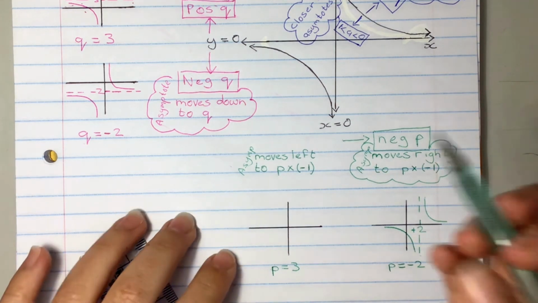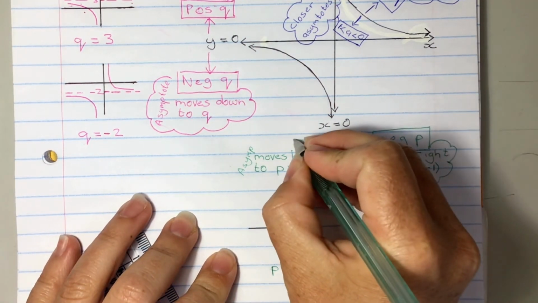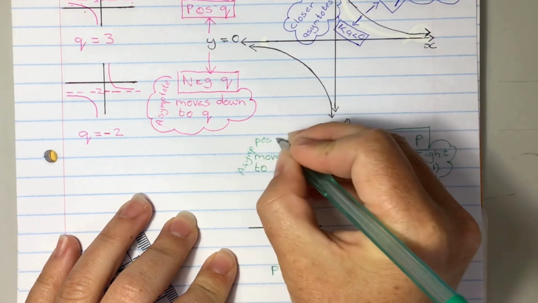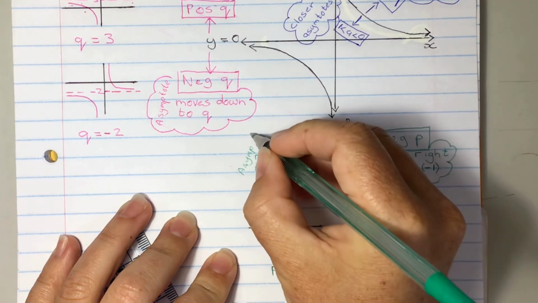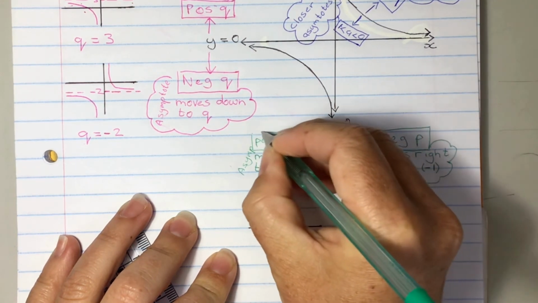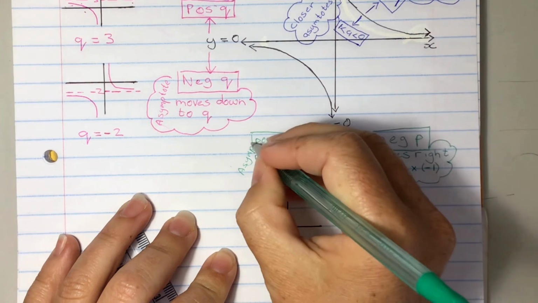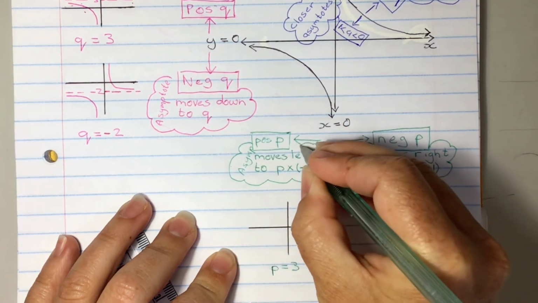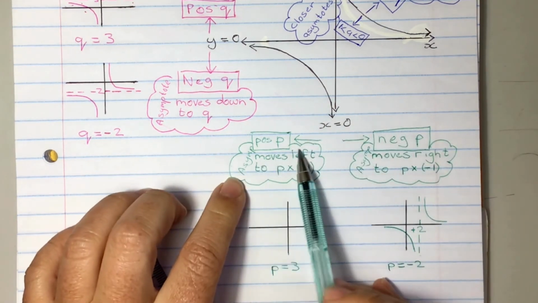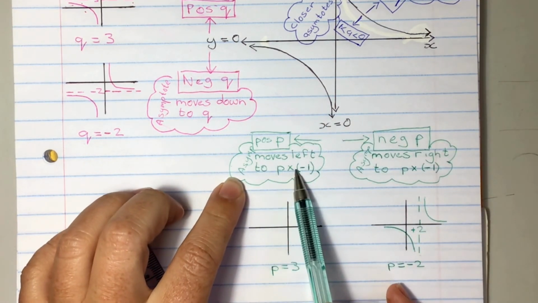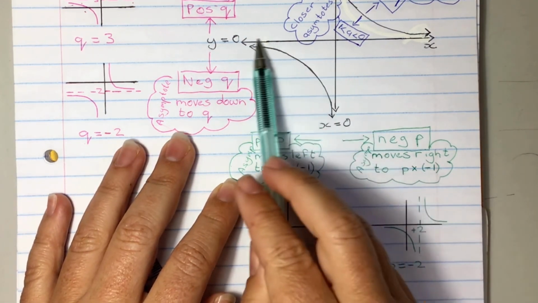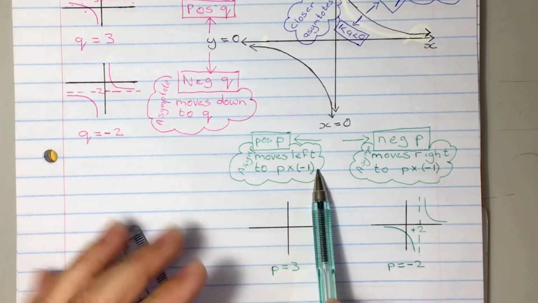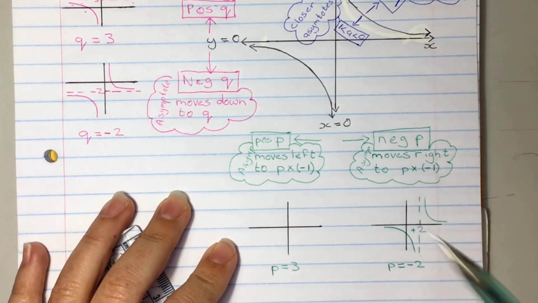In reverse, if we want to move left, we're going to have a positive P. So make sure that you take a note of that. Notice it's the same as what was happening with your parabola, so you can make a connection between your different functions. My asymptote moves to P times -1, and that makes sense because we're now at our negative x values. So positive times a negative gives me a negative value on my x-axis.